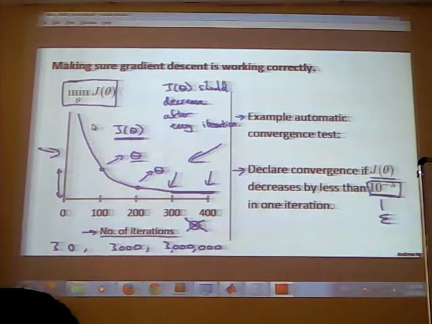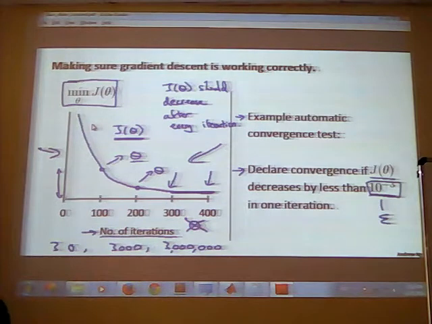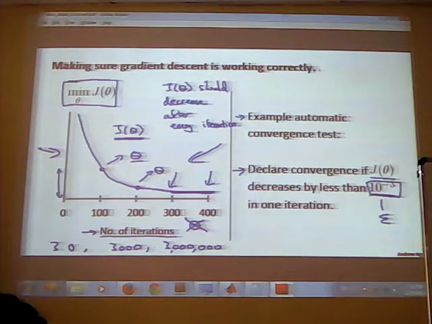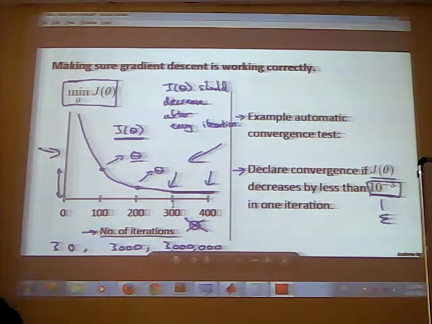This is the figure which will give us the idea about whether the cost function is reducing or not. In this figure you can see on the y-axis you have J of theta, and on the x-axis you do not have theta. It's the number of iterations, it's not theta.